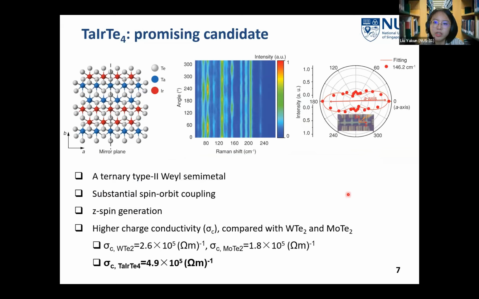In my experiment, I mostly explored the room temperature switching and the room temperature SOT, because our aim is for room temperature commercial application.